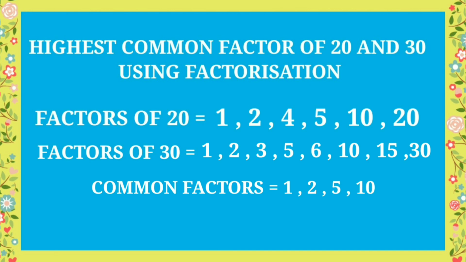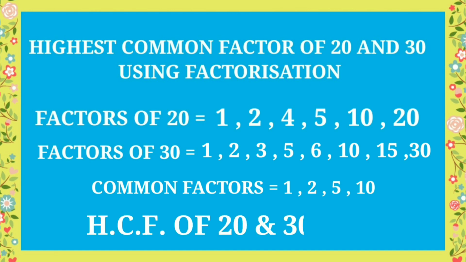It is 10. So highest common factor of 20 and 30 is 10. So students, while using factorization method, first of all we find the factors of given numbers and then their common factors. The largest of the common factors is HCF.